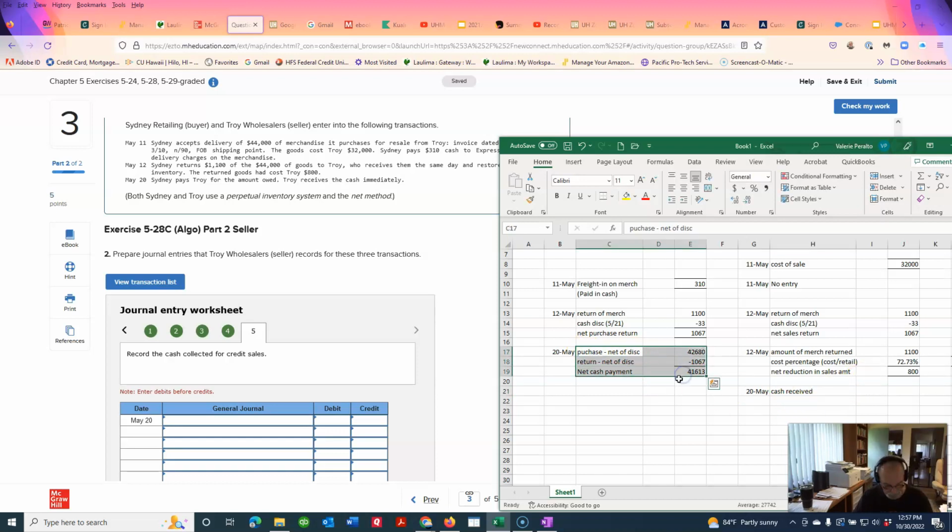And essentially, the numbers are going to be the same here. However, it's going to be a sale net of discount, then the return net of discount, and our net cash, not payment, but received, is 41,613.